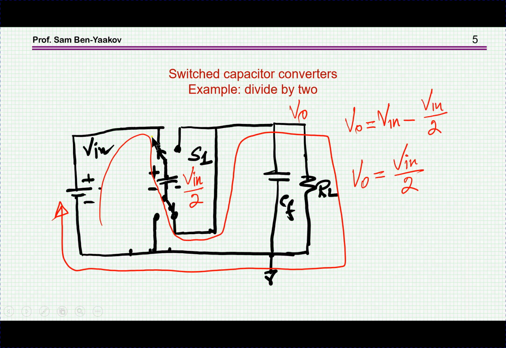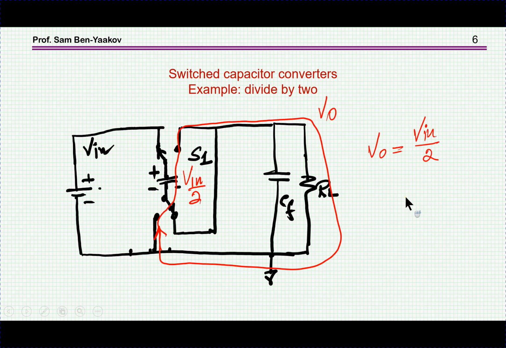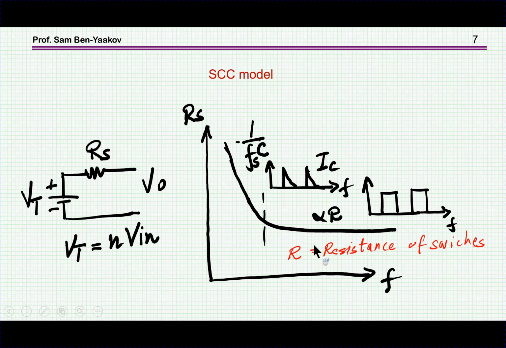So when we have this connection here, this is V in over 2, and this is in the opposite direction to V in, so therefore V out here is V in minus V in over 2, which is of course V in over 2. And in this case, we are just connecting the V in over 2 in parallel to the output, which is again V in over 2. So this is a divide by 2 converter.